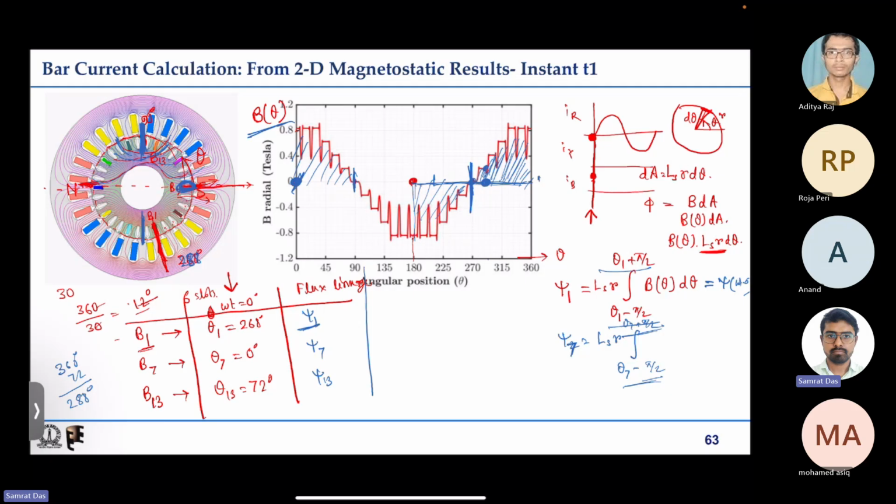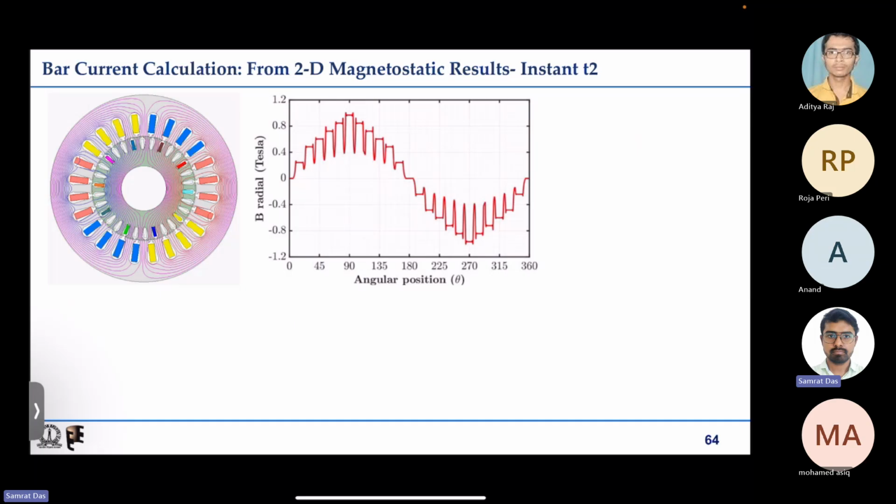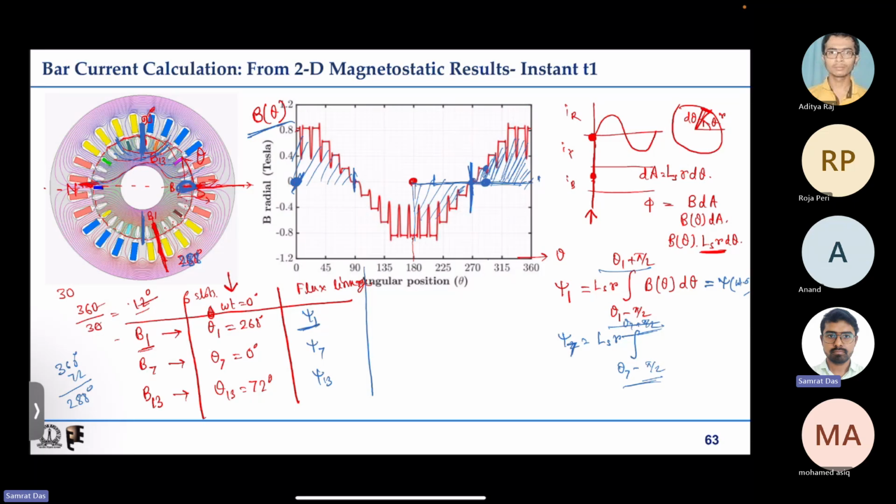Now next, after some rotation, say we go to a new time instant, that is t2. So the time angle becomes omega t2. If our rotor speed is omega r, then bar 1, which was earlier at 288 degree, will rotate if that is rotating in the anti-clockwise direction.